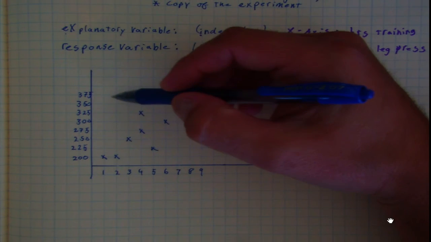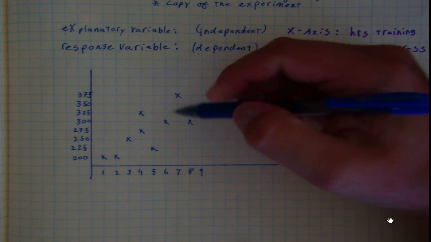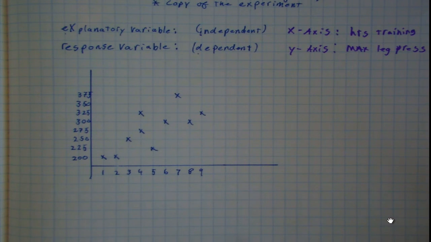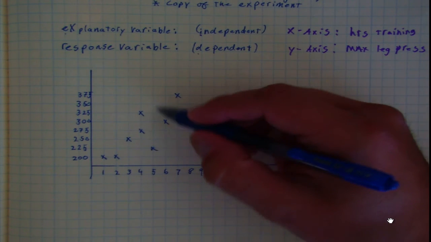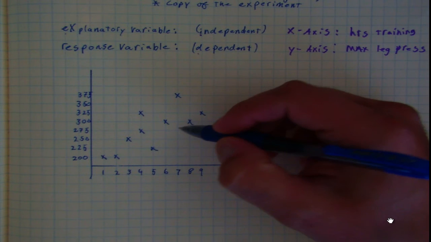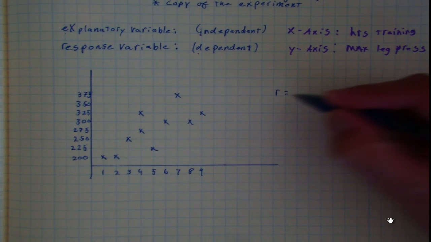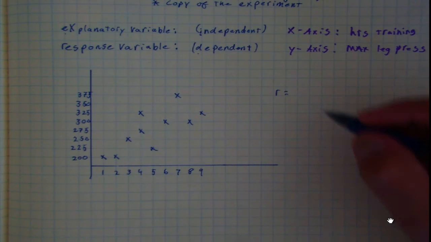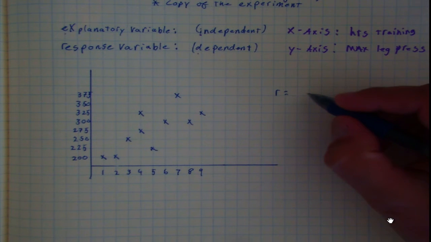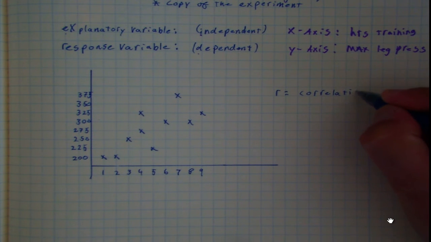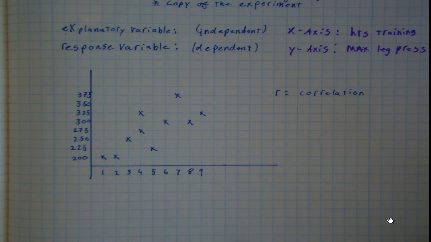Some of them could be lined up this way as well. Some of them could make a circle. There's just a random pattern just depending on what your study is. Okay, the amount that the x's or the dots are spread out, what you're going to do later is you're going to find out that this has to do with something called the correlation. And the symbol for correlation is R.